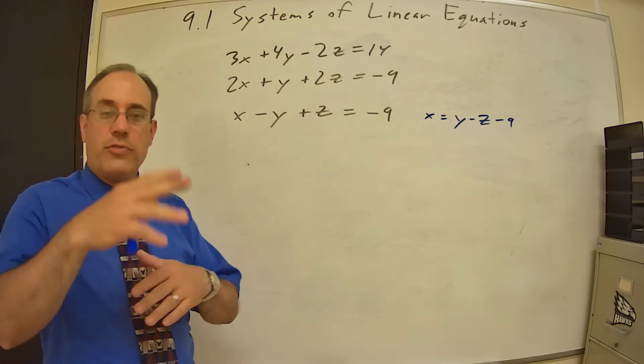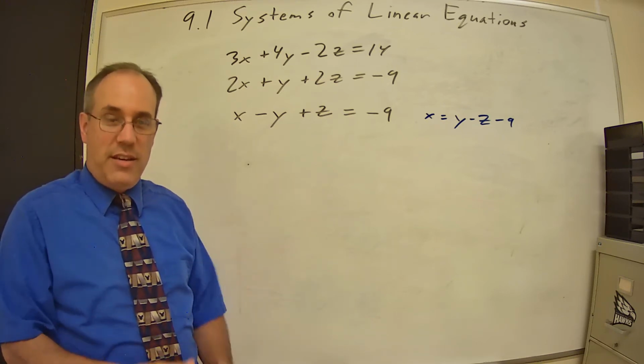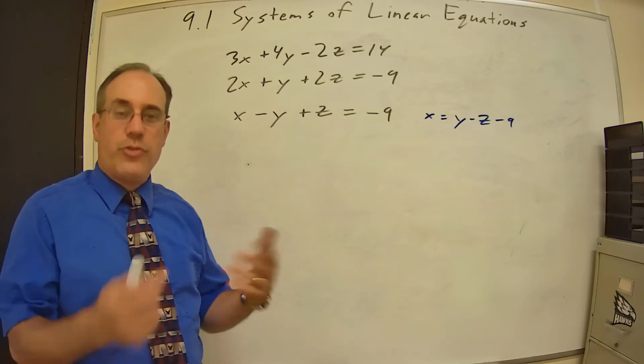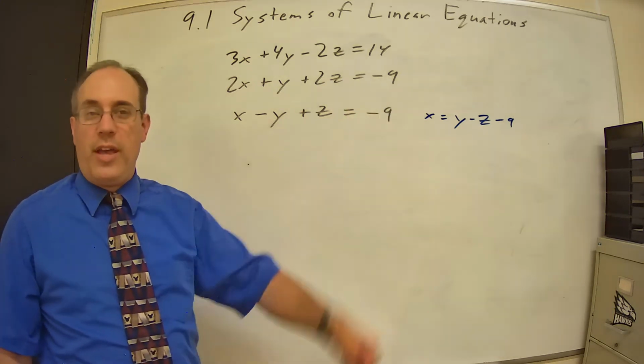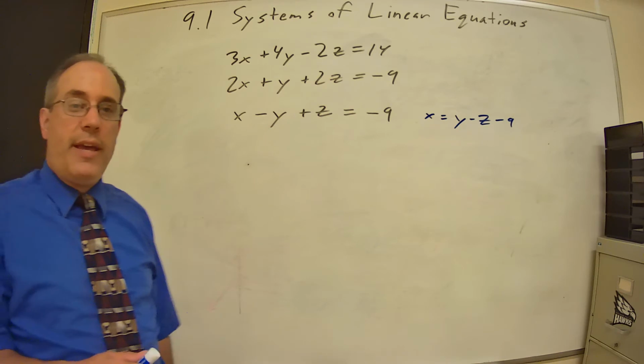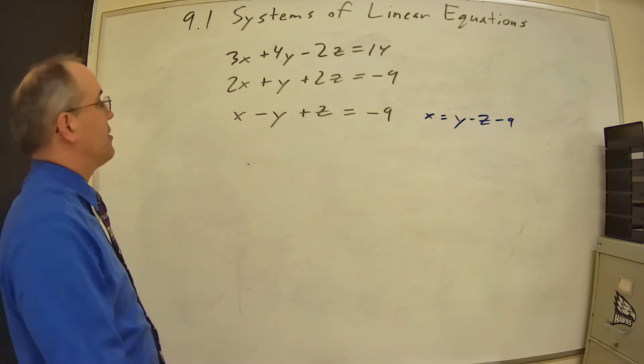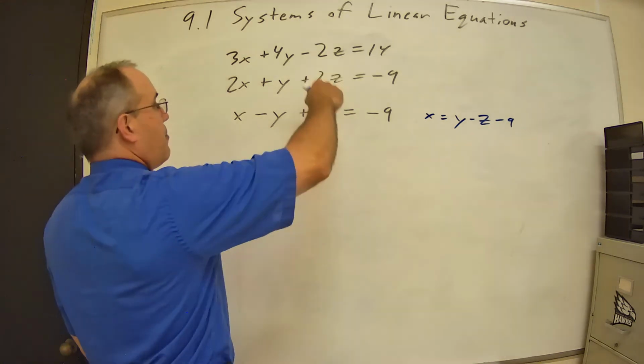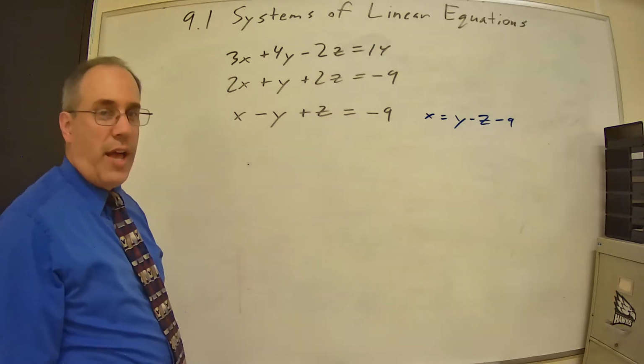Then I can use those two to eliminate an additional variable and get down to one equation with one variable and then work my way back up. The biggest thing to pay attention to in this is you have to eliminate the same variable both times.